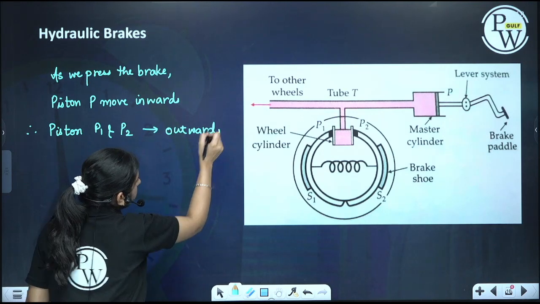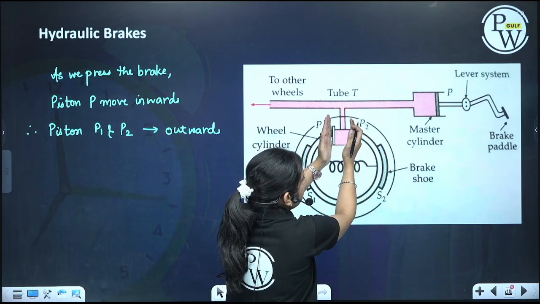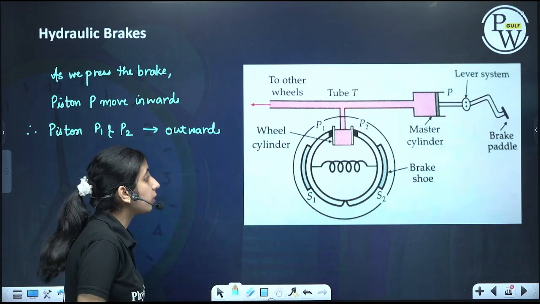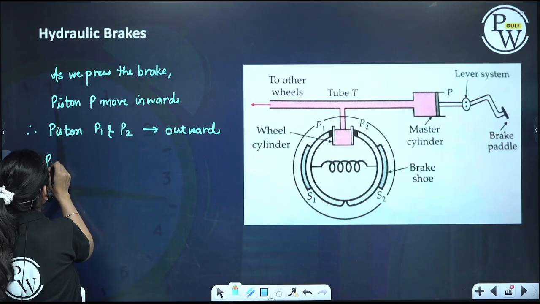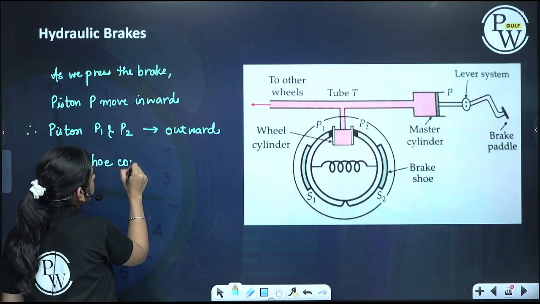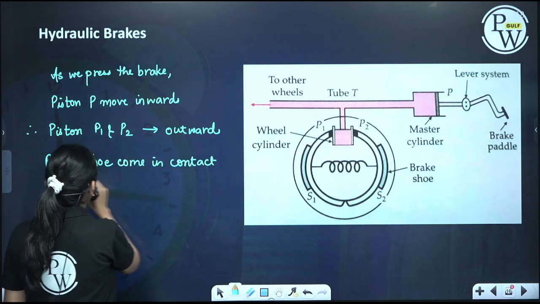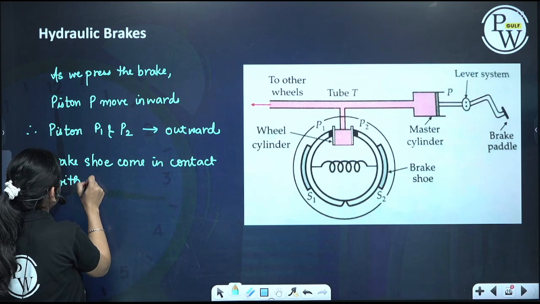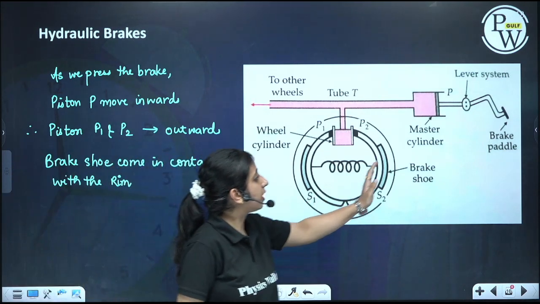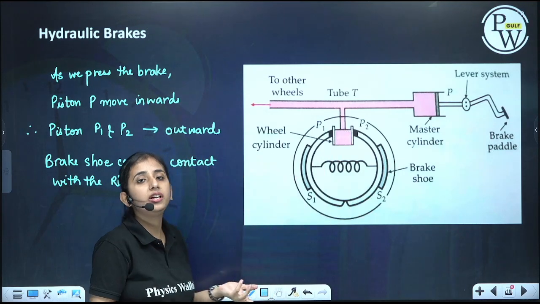If they are moving outwards, what will happen? These brake shoes will touch the rim. These brake shoes come in contact with the rim and there is a retarding force, therefore the wheel will stop.